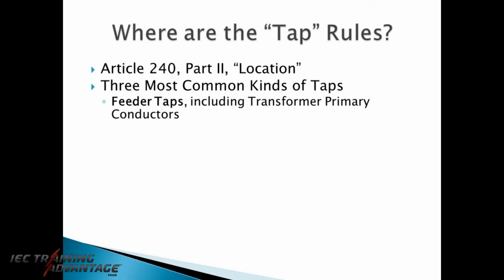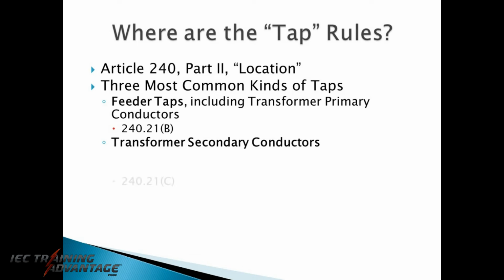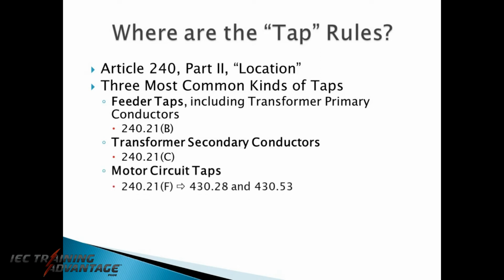Feeder taps, including transformer primary conductor taps, are found in 240.21(B). Transformer secondary conductors are found in 240.21(C), and motor circuit taps found in 240.21(F), which will direct you into the motor code of 430.28 and 430.52.